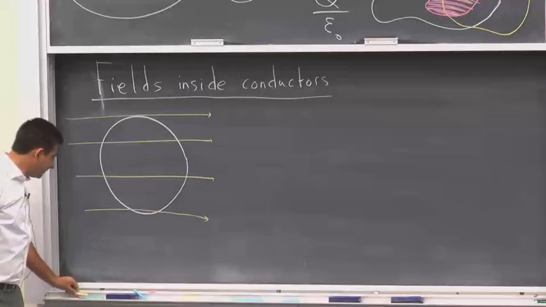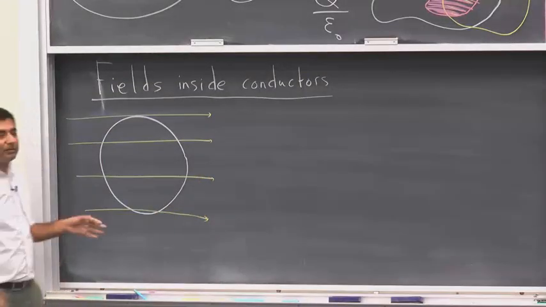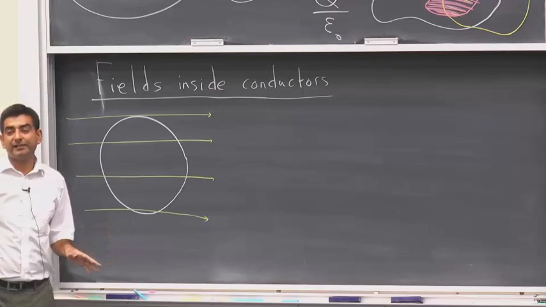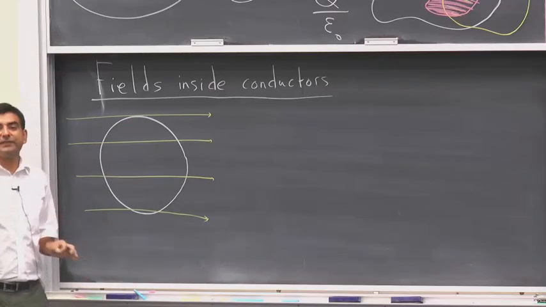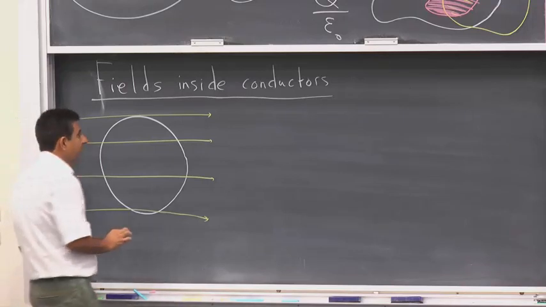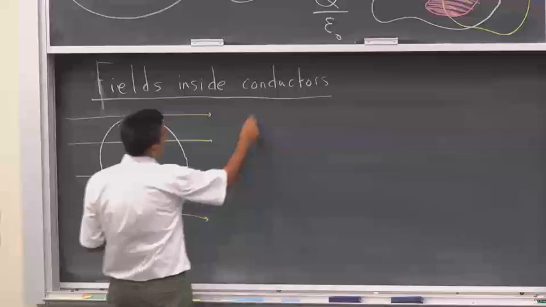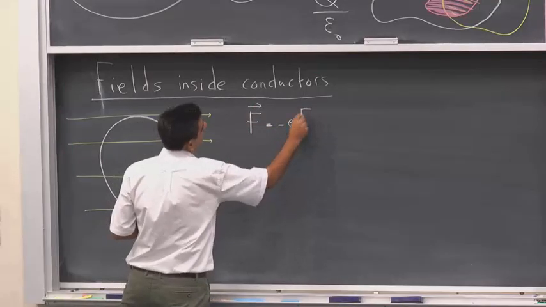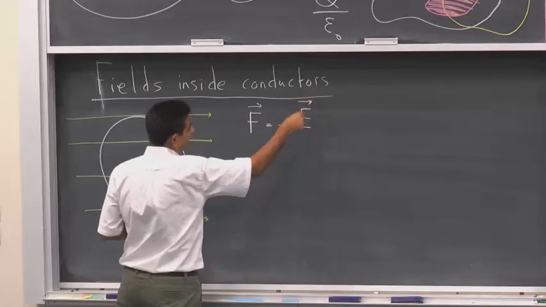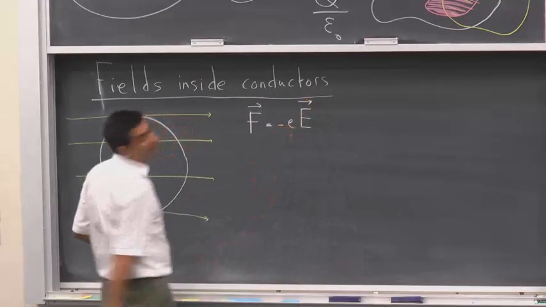Now what's going to happen is that this metal has electrons in it, conduction electrons, which are free to move. If they see an electric field, a force is going to act on the electrons, and that force is going to be minus e times E, the charge on the electron times the electric field.